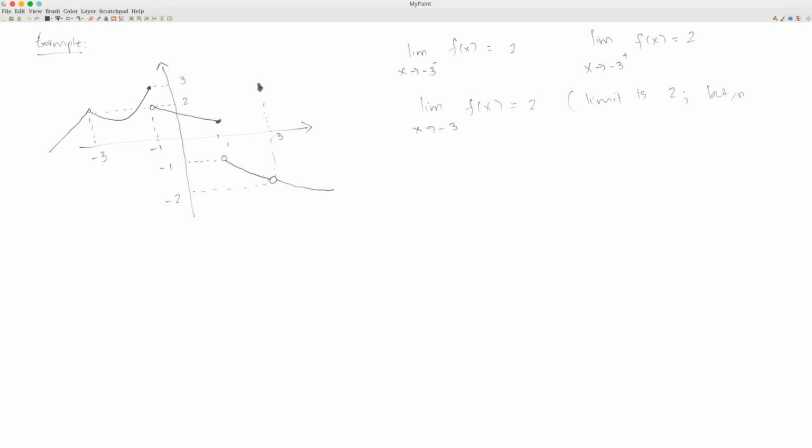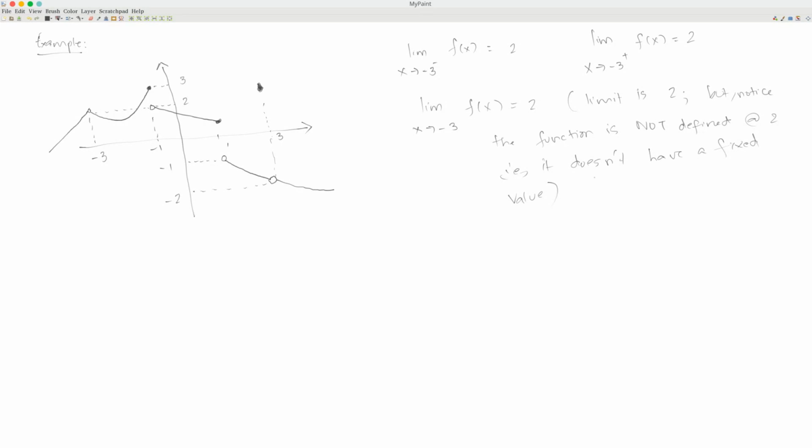But notice the function is not defined at -3. That is, it doesn't have a fixed value because of the open dot.